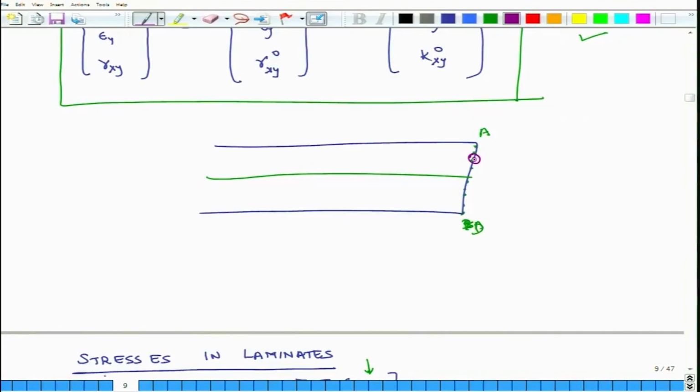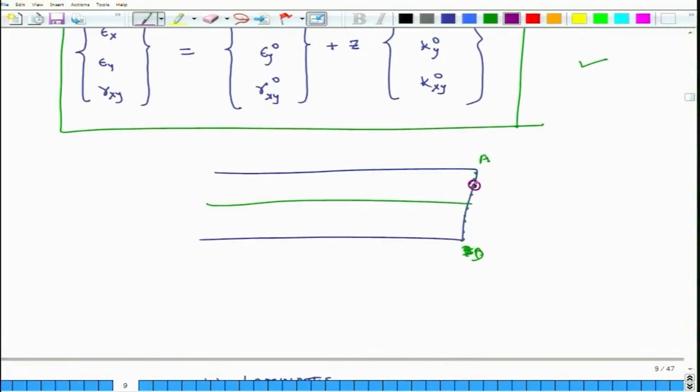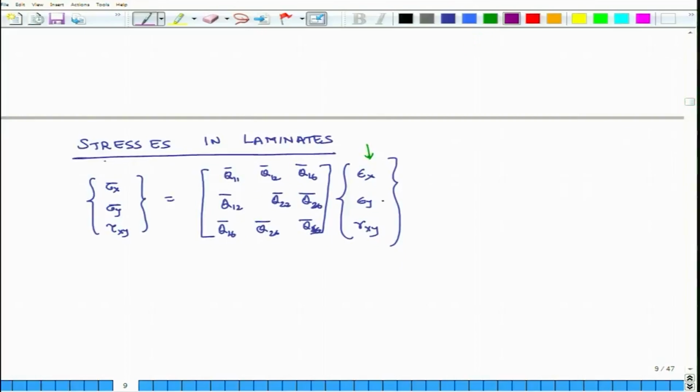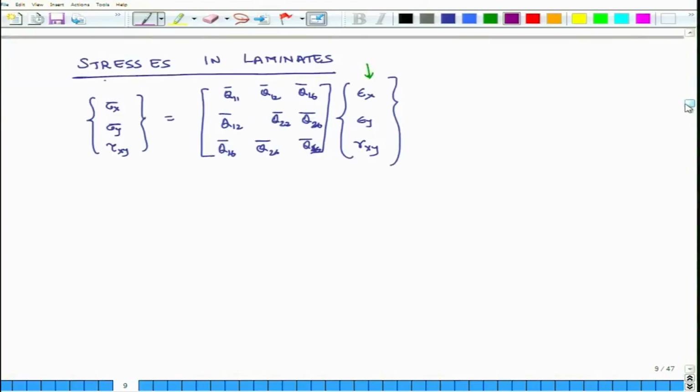If I know which particular layer exists at this particular point, then for that particular layer I can calculate the q bar matrix, and once I know the q bar matrix and I also already know epsilon x, epsilon y, gamma x y, I can multiply this q bar matrix with this vector and I can get stresses. Okay. I can get stresses at the point of interest. And then we have already shown that the strain vector epsilon x, epsilon y, gamma x y is equal to what? The sum of mid plane strains plus z times curvatures.